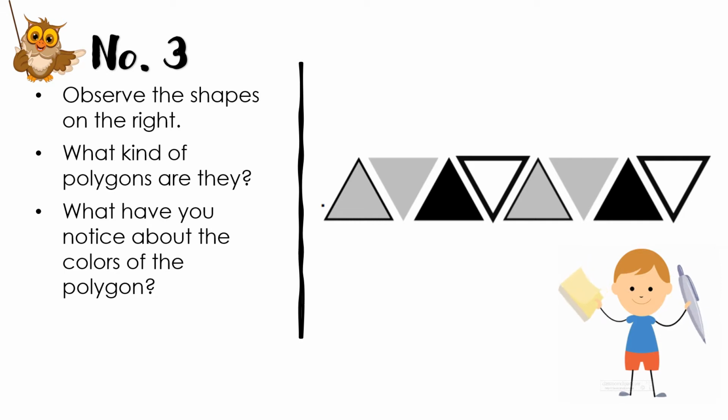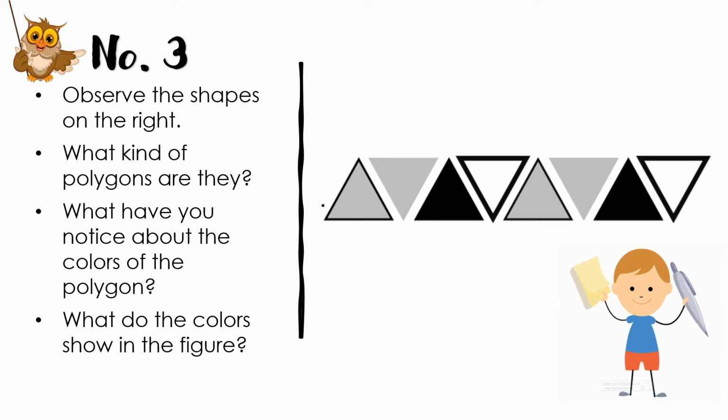Do you have answers in mind? Write your answers on your notebook. Question. What do the colors show in the picture? Do you have answers in mind? Write your answers on your notebook.